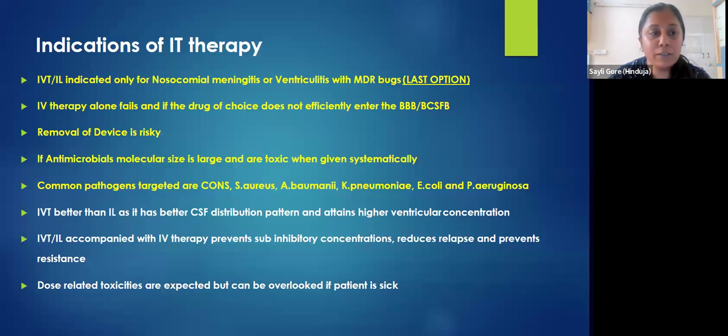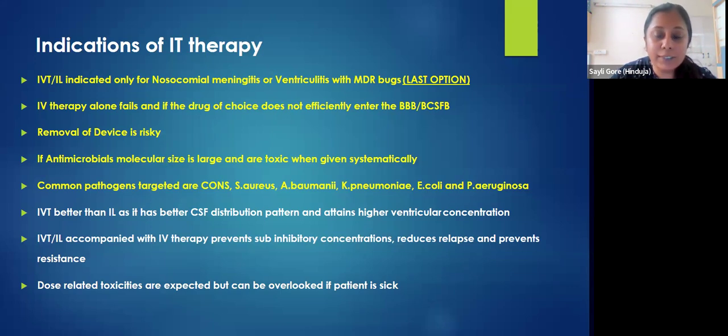It doesn't mean that if you're giving intraventricular therapy alone, you don't need to give IV therapy. You have to give IV therapy so that there is no sub-inhibitory concentration in the blood as well. You need some concentration in the blood so that it will support some distribution in the brain.